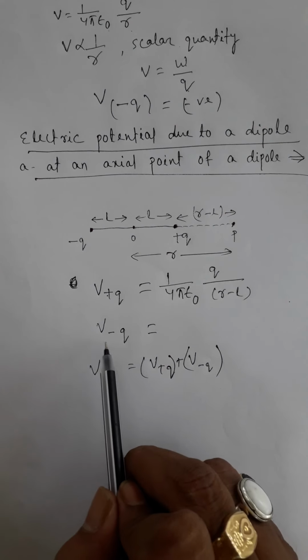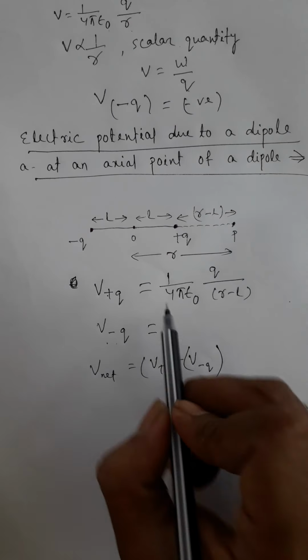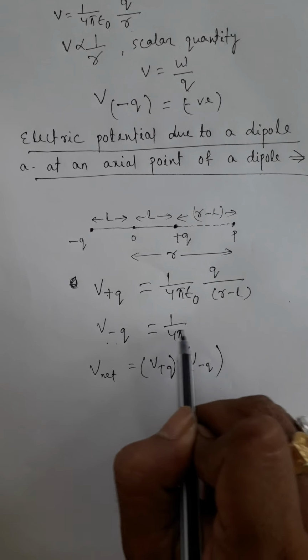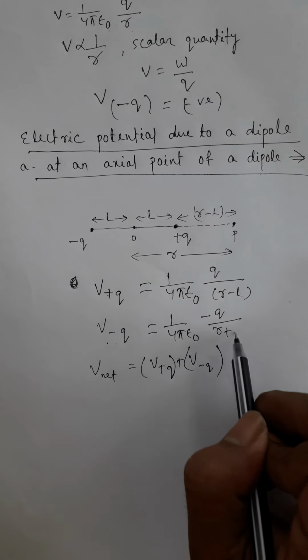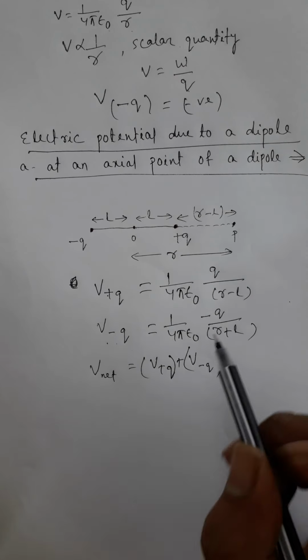And electric potential due to negative charge minus Q is equal to 1 by 4 pi epsilon naught, minus Q divided by R plus L. Why R plus L?